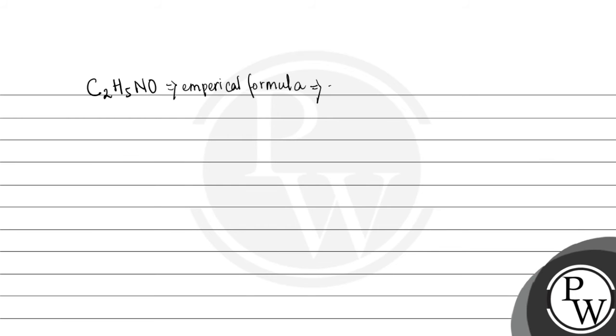So, for that, we will have to find out the empirical mass, which will be equal to 2 into 12 plus 5 into 1, where 1 is the atomic mass of hydrogen, 12 is the atomic mass of carbon, plus 14 plus 16, which will be equal to 59. From this we get the empirical mass. So empirical mass is equal to 59.